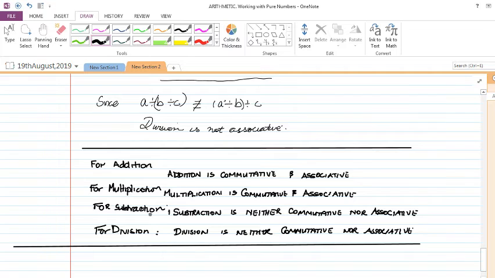These are very important results. It may not seem so as yet. Whenever I use them in any question, I will justify whatever step I'm making by telling you I'm doing this because of the associativity of multiplication. Whatever.